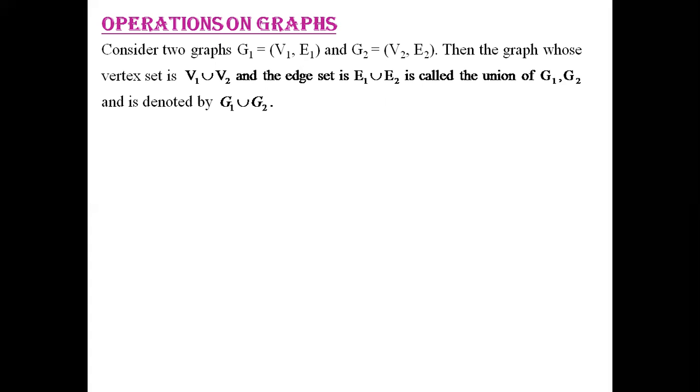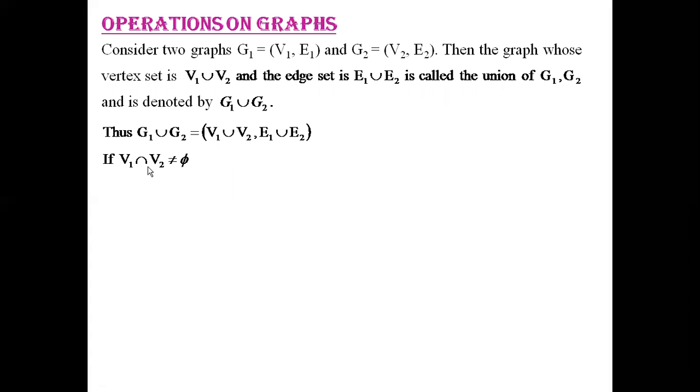It is denoted by G1 union G2. Thus, G1 union G2 is equal to (V1 union V2, E1 union E2). The vertex set is taken as a union and the edge set is also taken as a union.